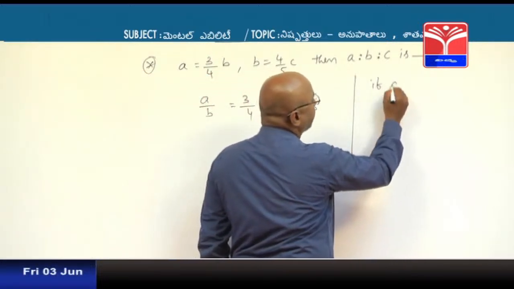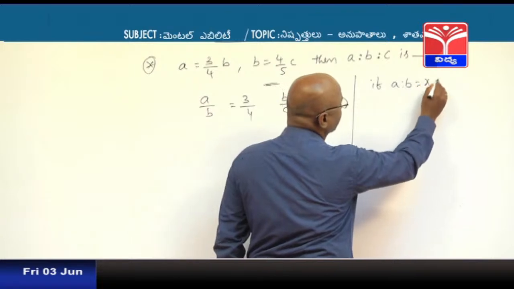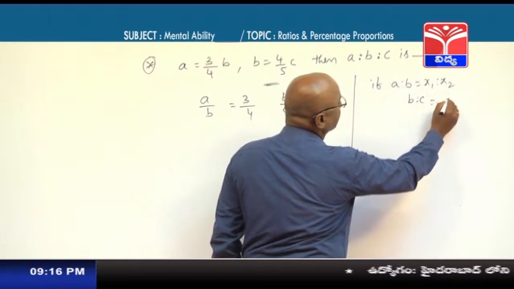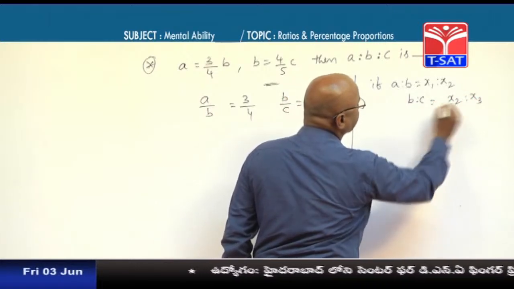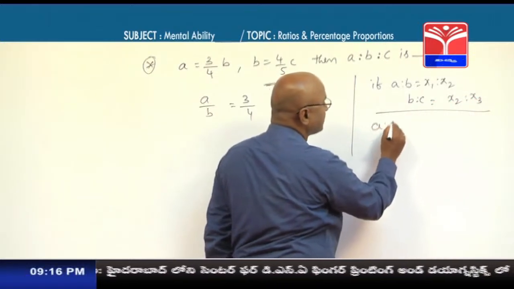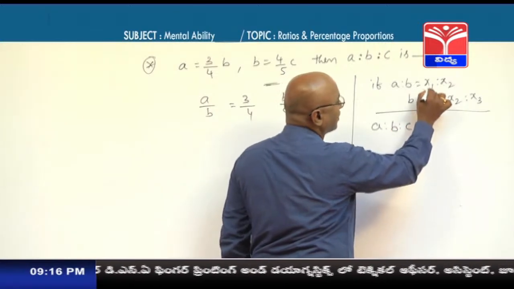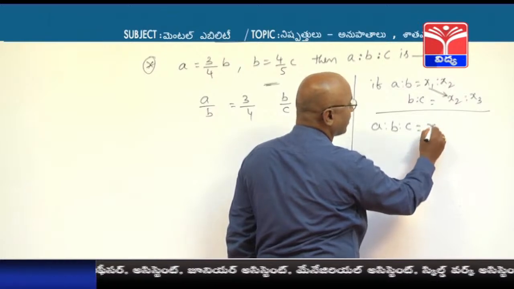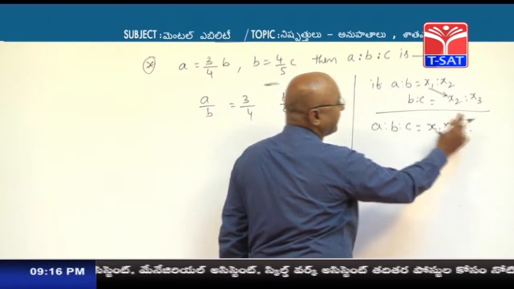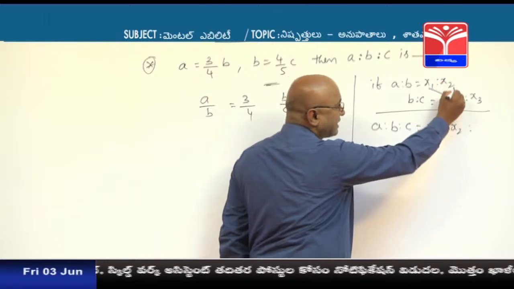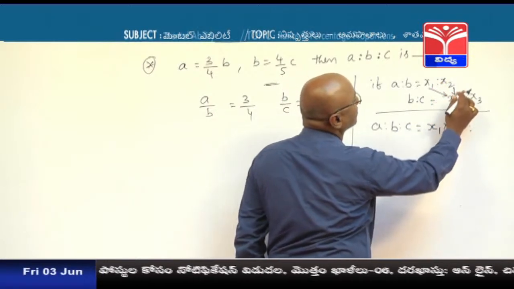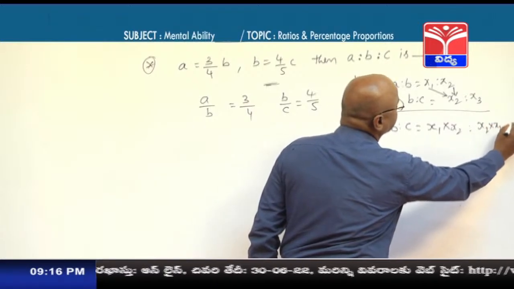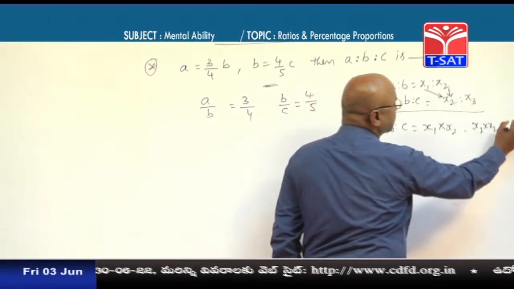If A is to B is equal to x1 is to x2 and B is to C is equal to x2 is to x3, then A is to B is to C is equal to x1 into x2 is to x2 into x2 is to x2 into x3.